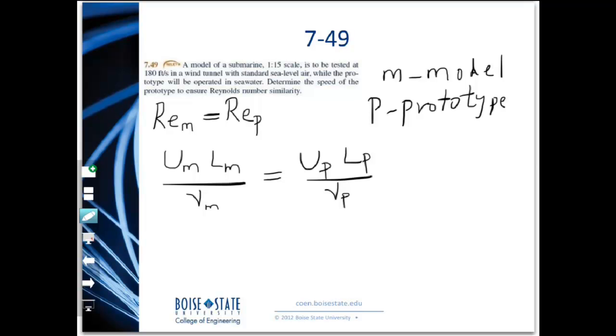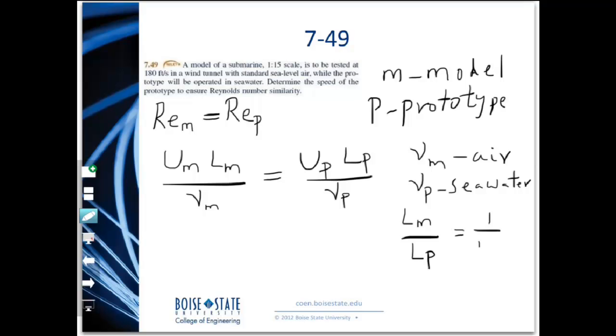Okay, and here we know that we can find the kinematic viscosity for the model because it's air, and we can find it for the prototype because it's going to be operated in sea water. And another thing we were given in the problem is Lm over Lp is 1 over 15.